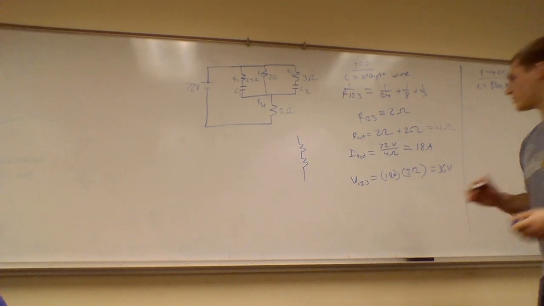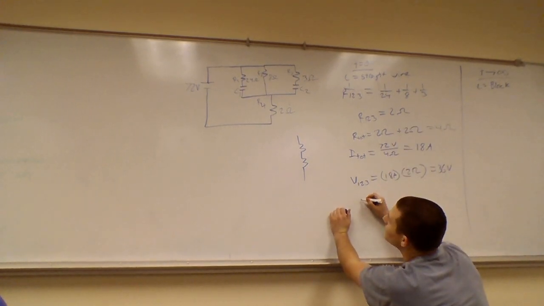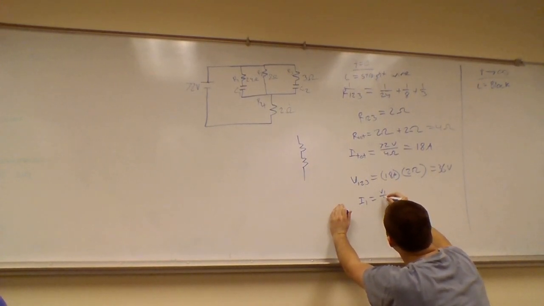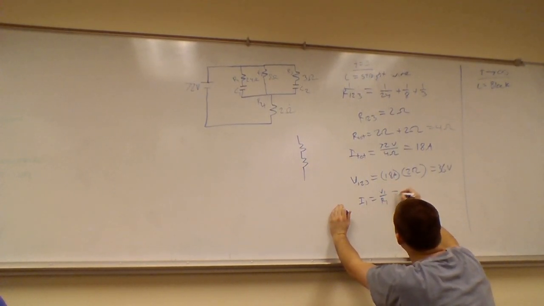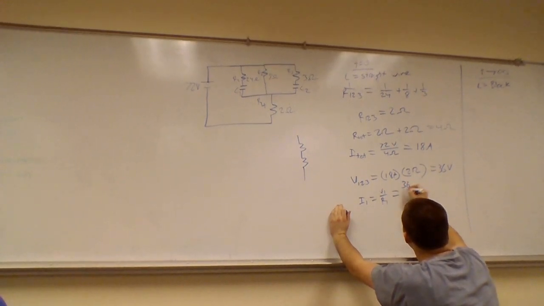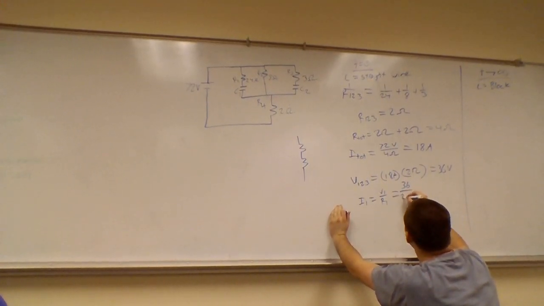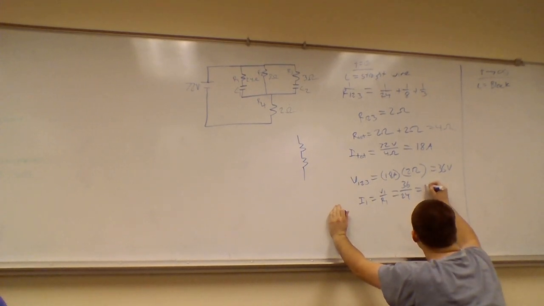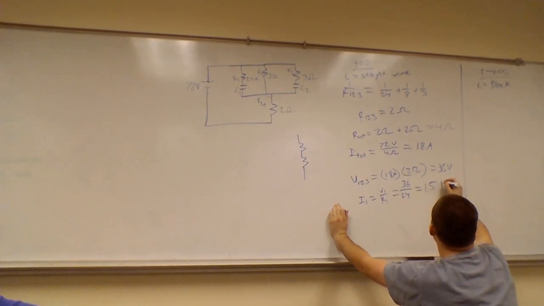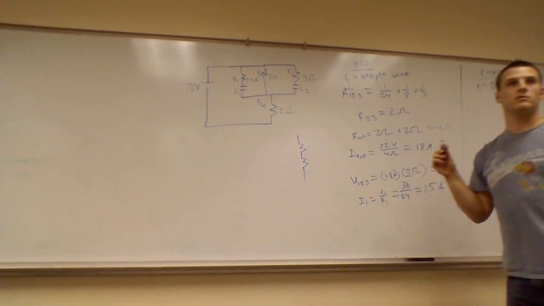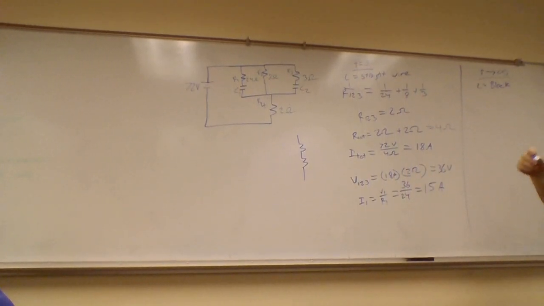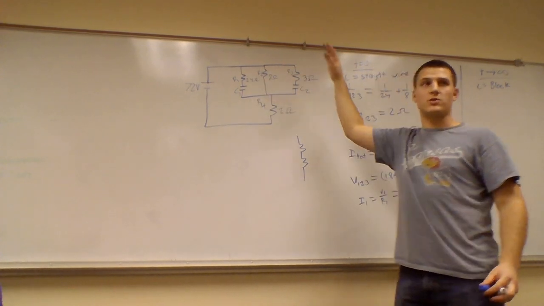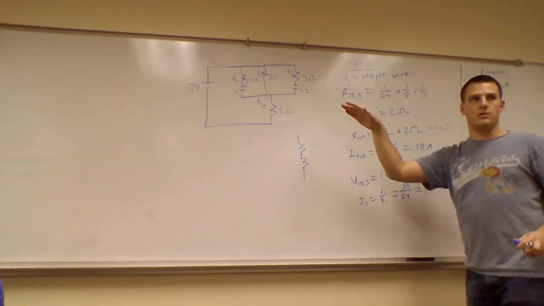So that's the voltage across each one. And so to find the current for that, you'll just be doing I1 equals V1 divided by R1, which equals 36 divided by 24, which equals 1.5 amps. So notice every time we have something in parallel, we're finding the voltage across all of them, and those are always equal.